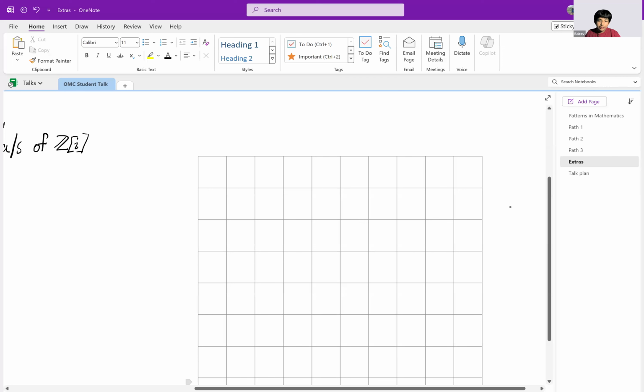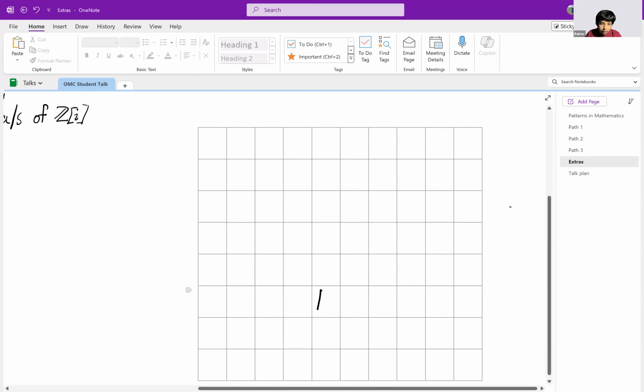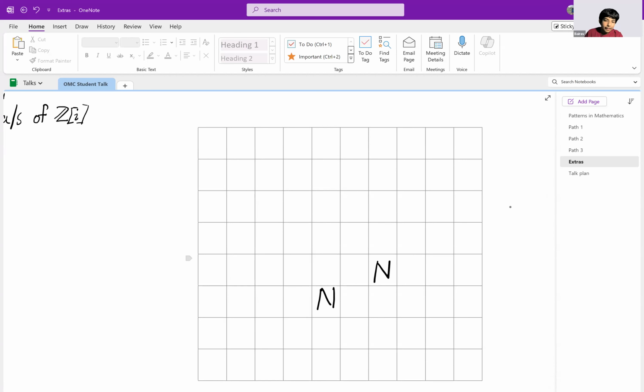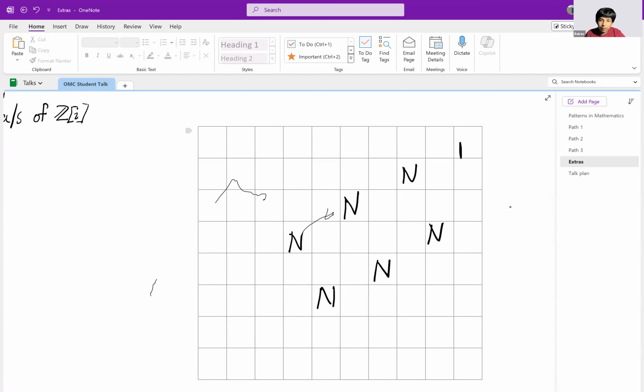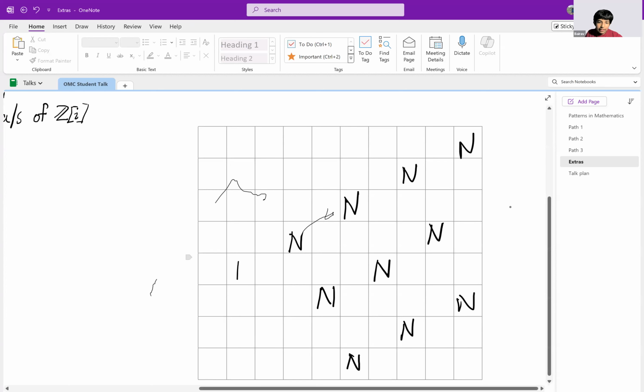So let's just put this knight in the center. So then this knight can go here or here. So the knight can go in all of these locations and none of the others, which is quite interesting, really.